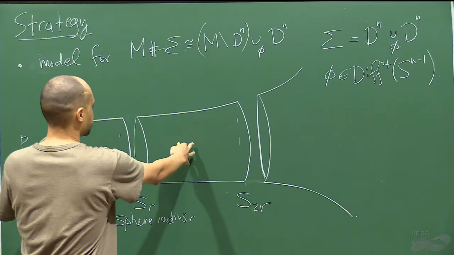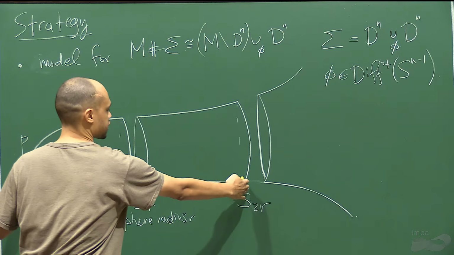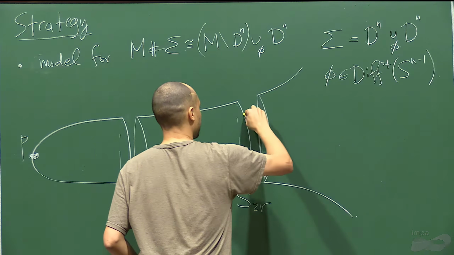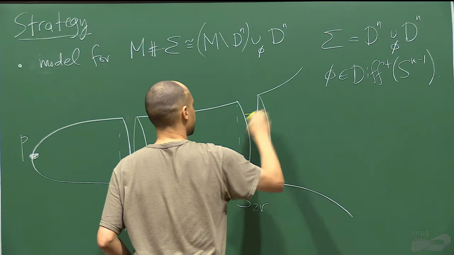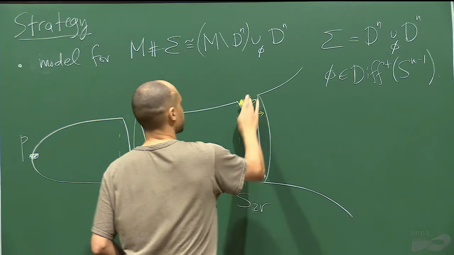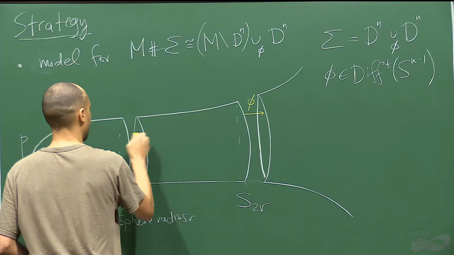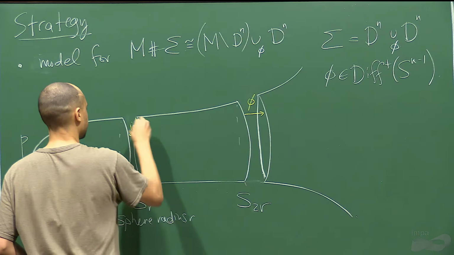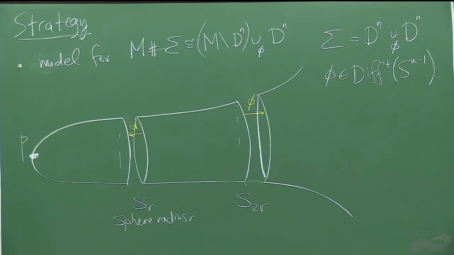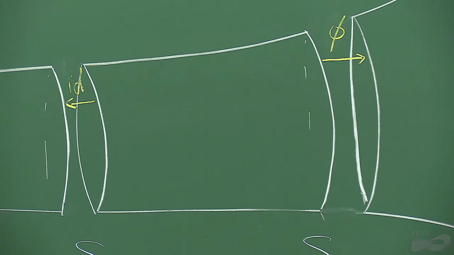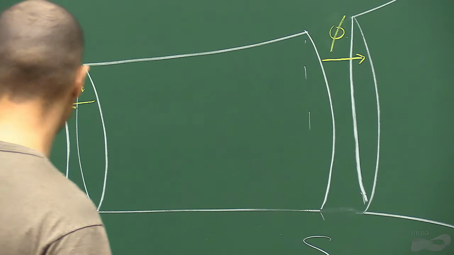So this up to here is just going to be a ball, and we'll glue this boundary component by this diffeomorphism phi, and this one by the identity. Okay, so is that fine? This is just a picture of M connect sum sigma. The interesting gluing is happening here.